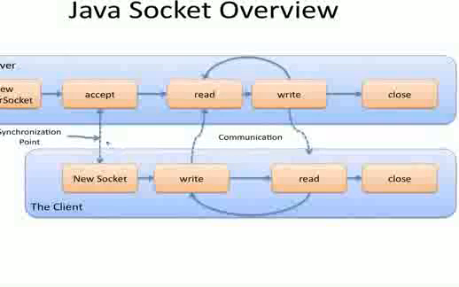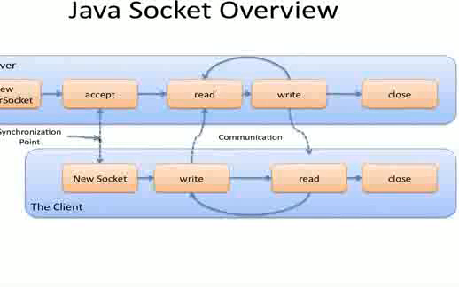So the important thing is right over here, when we do that blocking accept, when the client creates its socket instance, then we have the synchronization point and both processes will proceed.